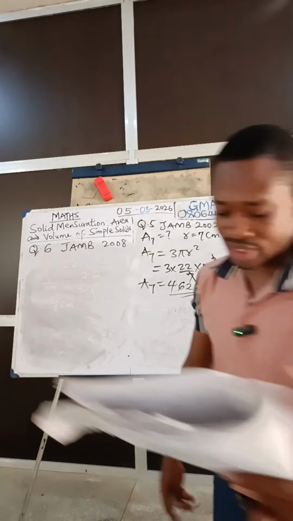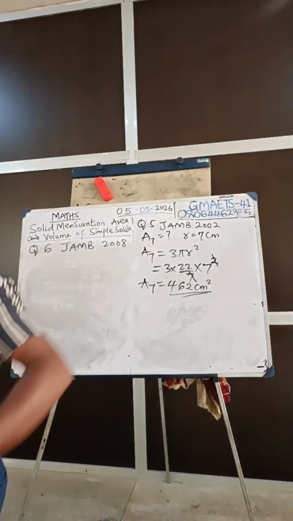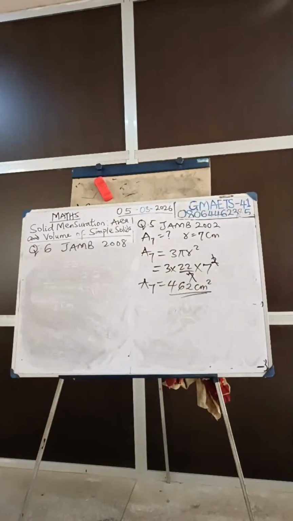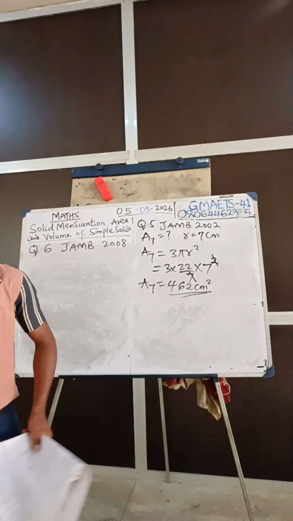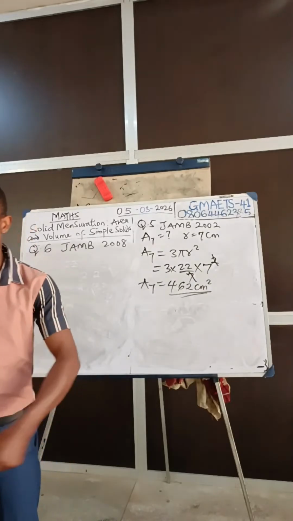Find the capacity in liters of a cylindrical well. You know your well, most of them, the way it's been dug. Are you following, right? It's cylindrical. It goes down.